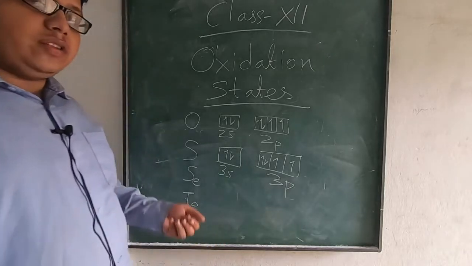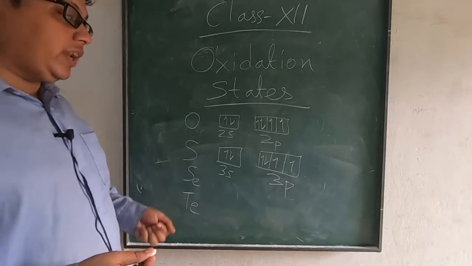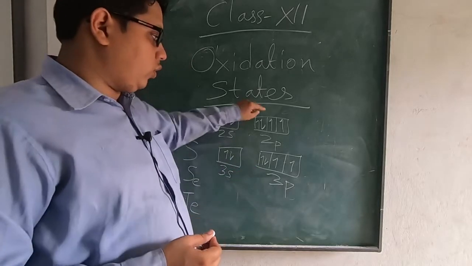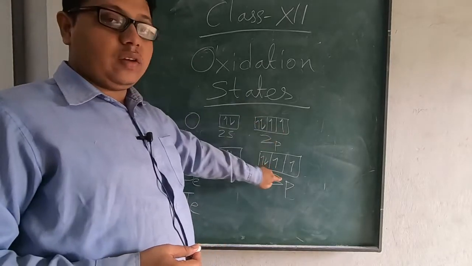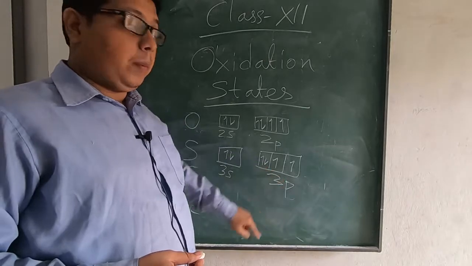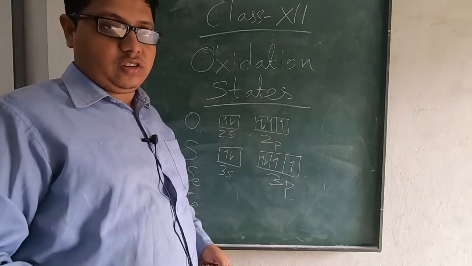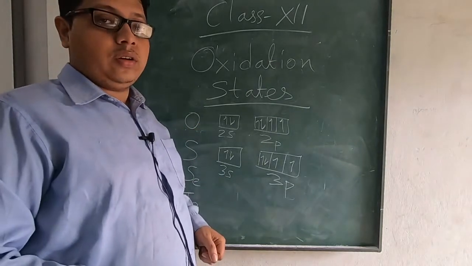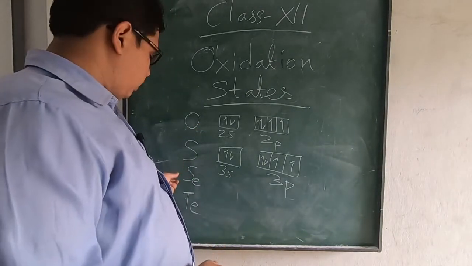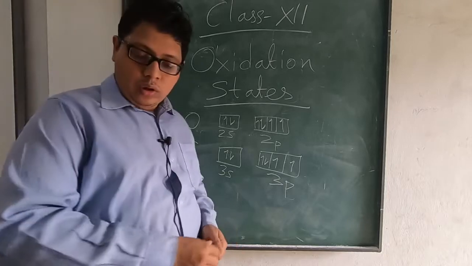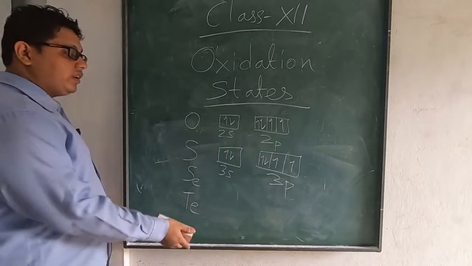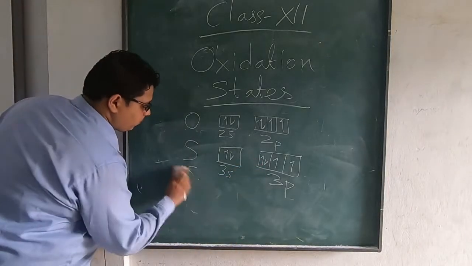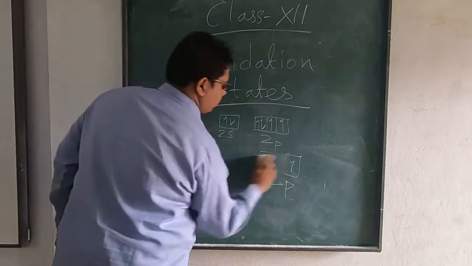So it can show a valency of 2 as well, and we can see an oxidation state of -2 here also, but we can see more oxidation states for sulfur which we cannot see for oxygen. A similar case holds for selenium and tellurium also, but let us focus on sulfur and try to understand the oxidation states of sulfur.